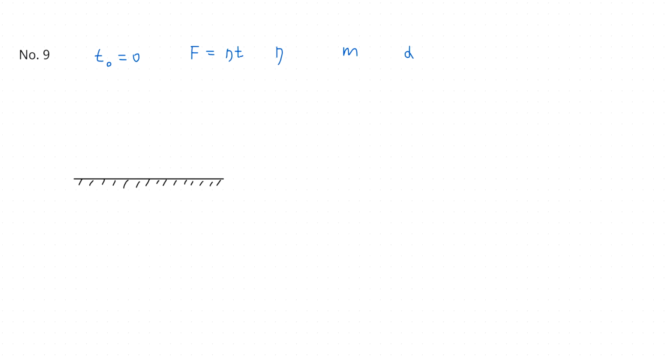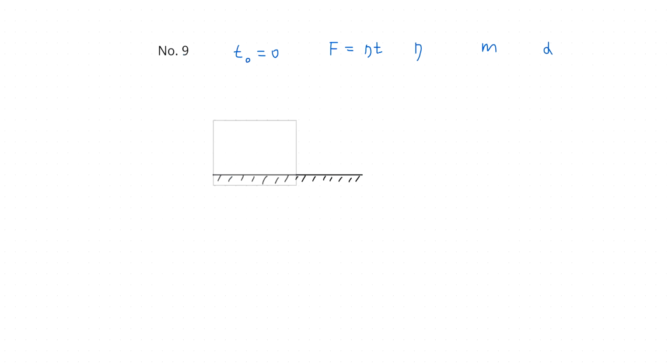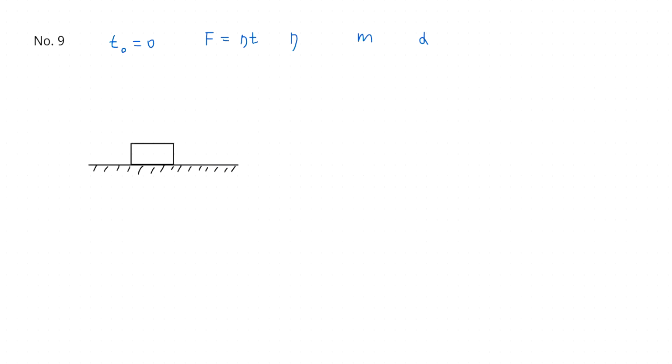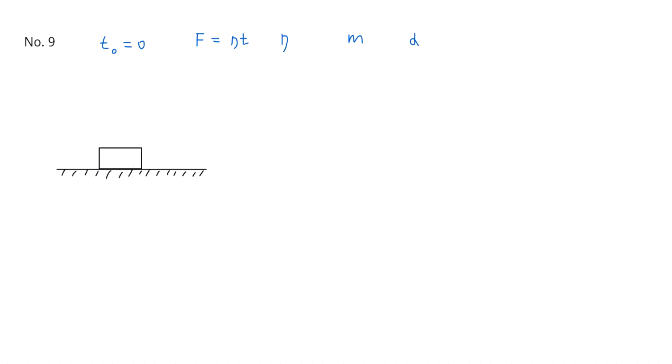So here we have a horizontal plane and a rigid body upon this smooth plane, and here we have a force F that is directed in this way.